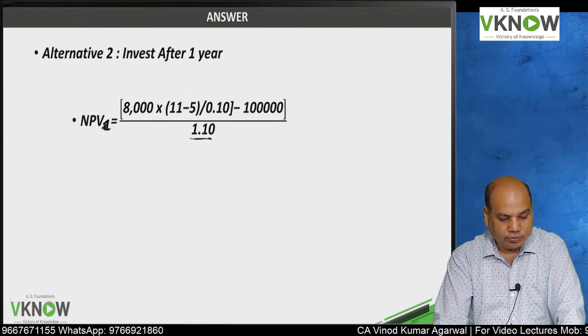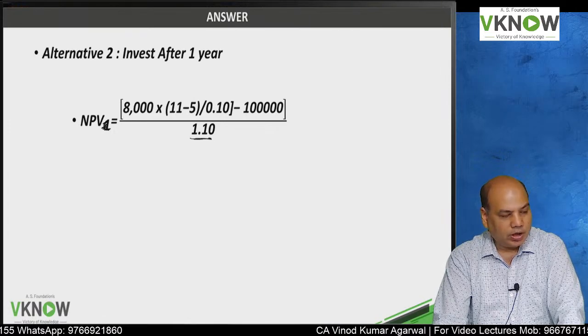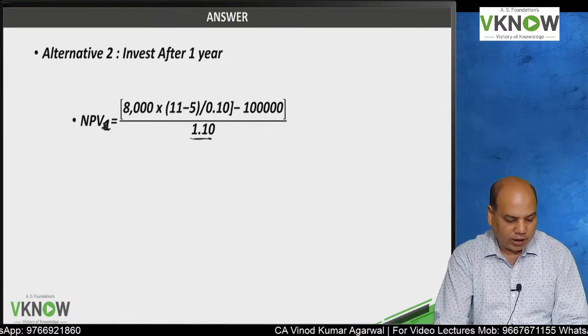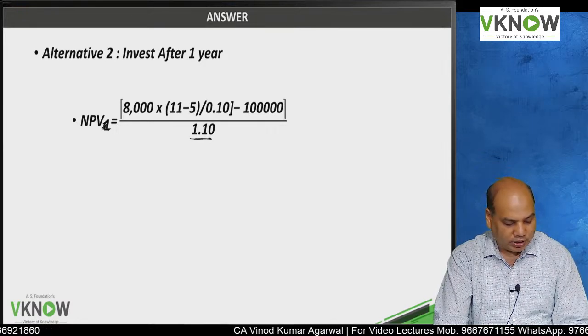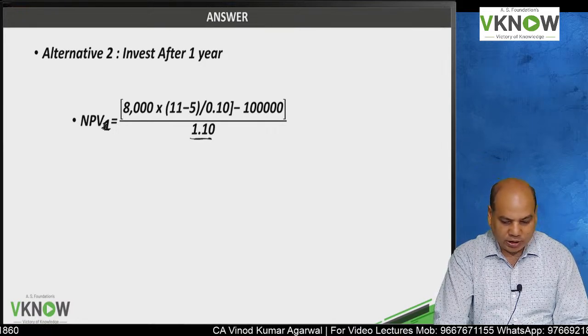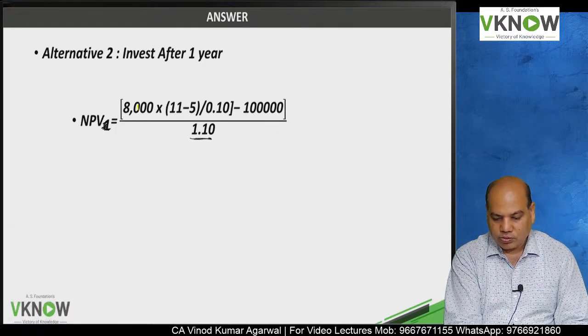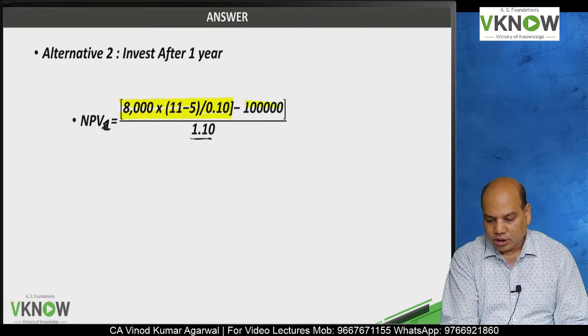8,000 unit, formula is same, into selling price 11 rupees minus variable cost 5 rupees, bracket close, divide by 10%, again bracket close. This will give me present value of perpetuity minus 1 lakh investment.